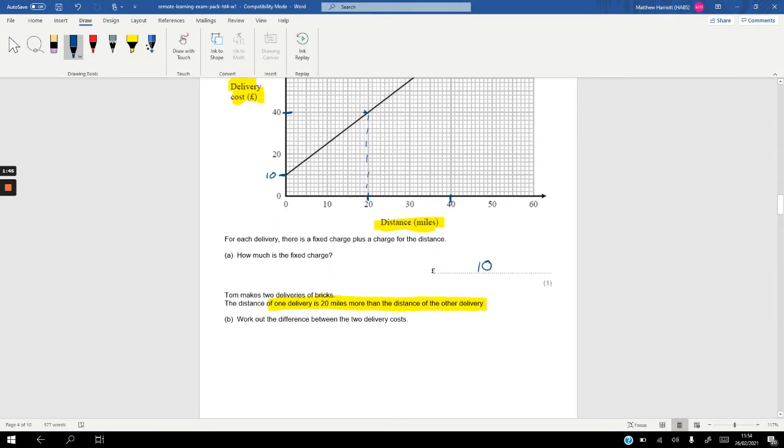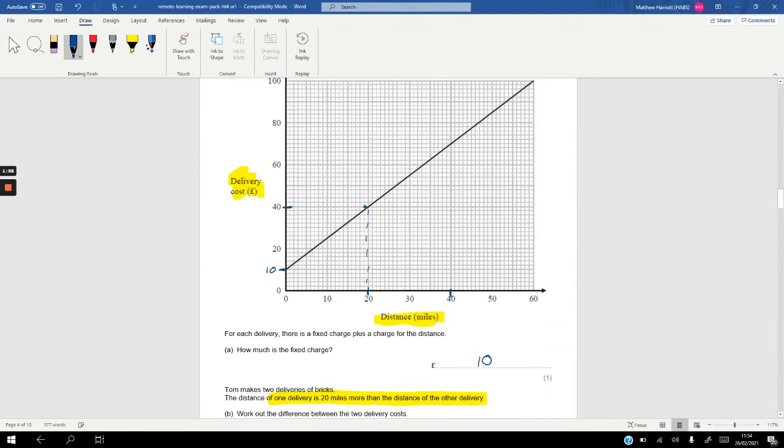Okay, so 20 miles equals £40. 40 miles, I get to here, which is slightly harder to see, but it's 1, 2, 3, 4, 5.